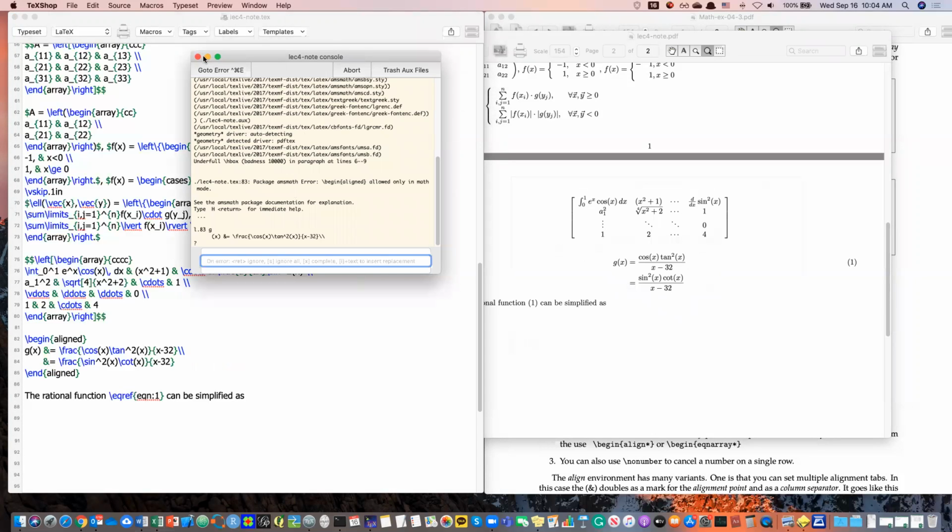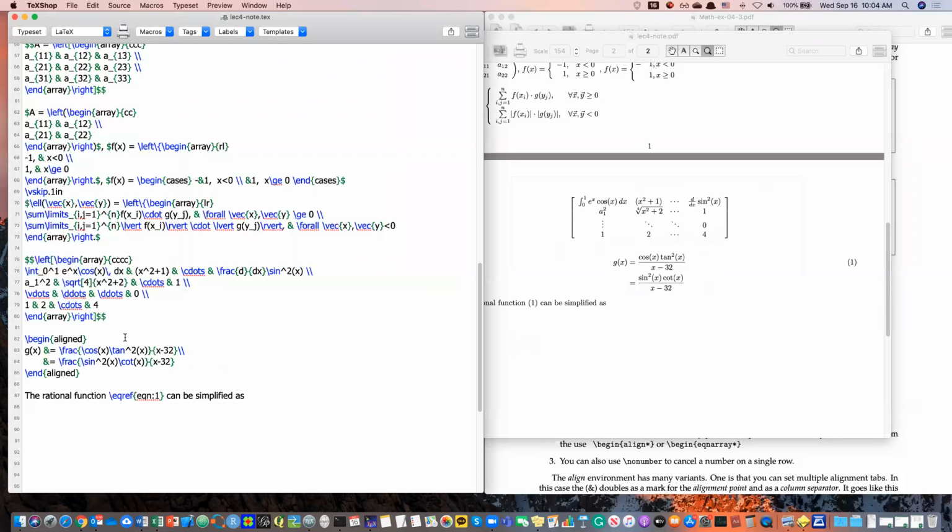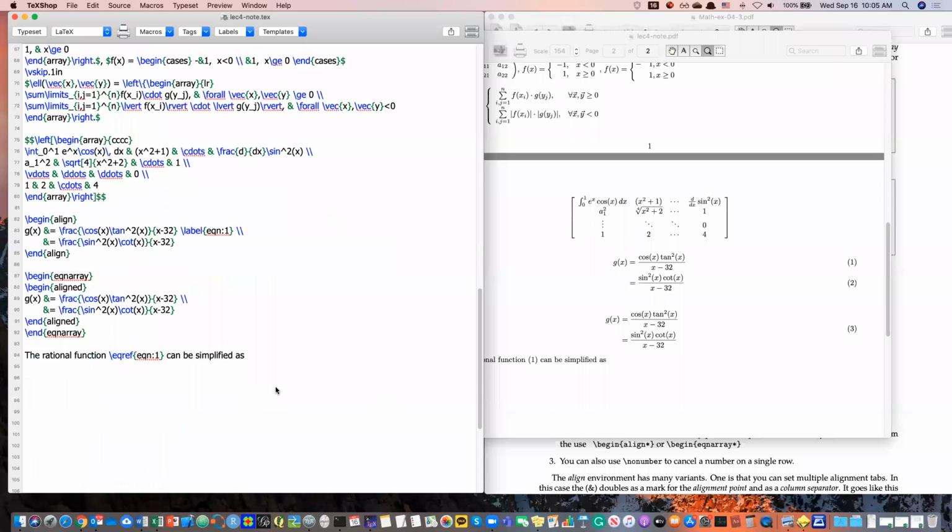Oh, give me a second. All right. Let me write this one in a new line. Okay, now you see that here I typed begin equation array and begin aligned.